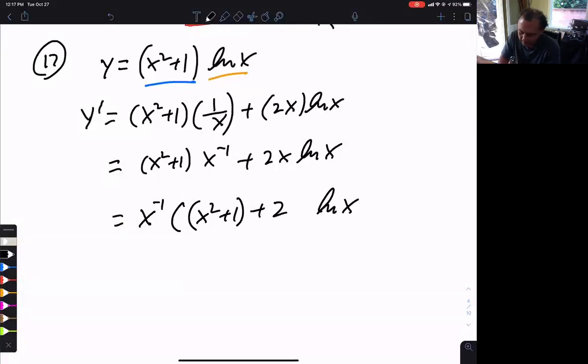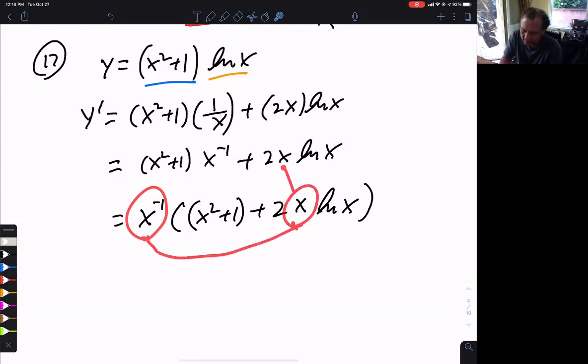But I'm going to have x to some power, right? X to some power. What's it going to be? Well, let's realize that times that must equal that, right? Rightio?